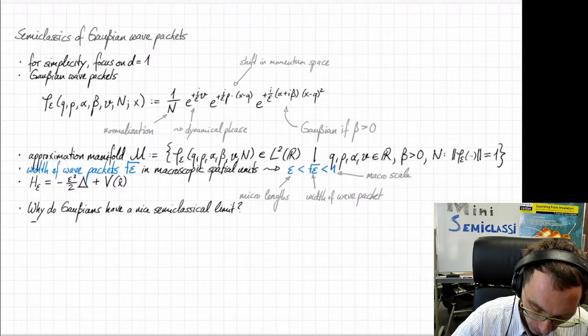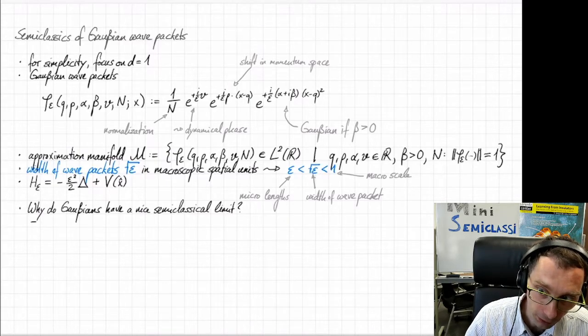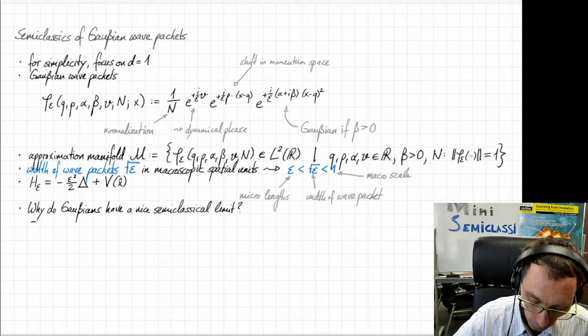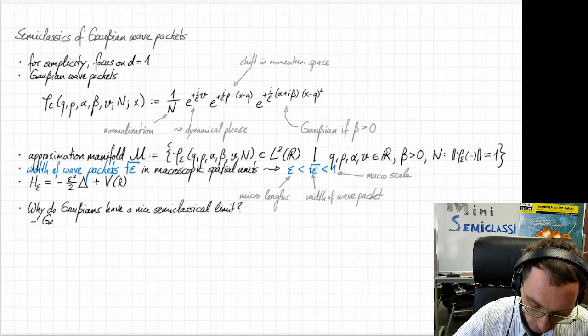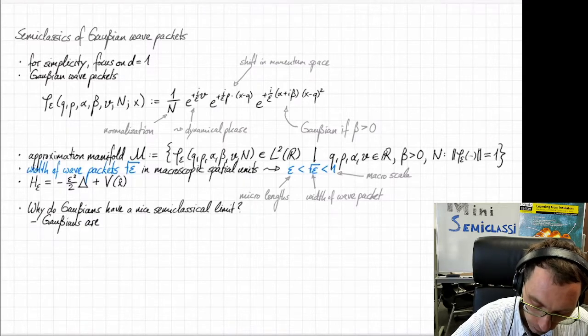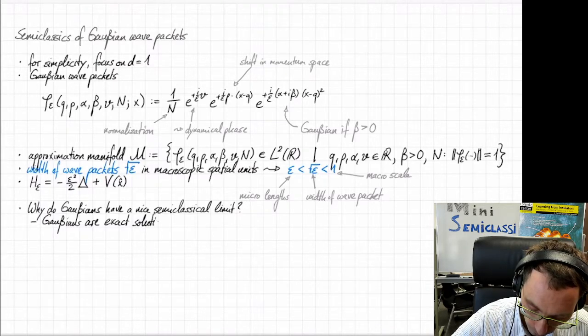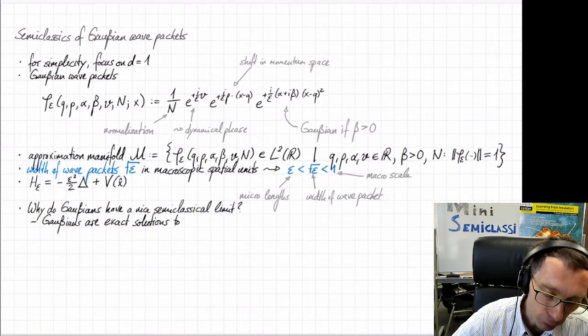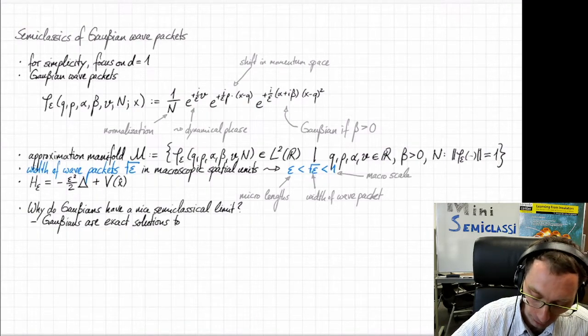And the answer is very simple. The answer is Gaussians are exact solutions to the Schrödinger equation when the potential is at most quadratic.